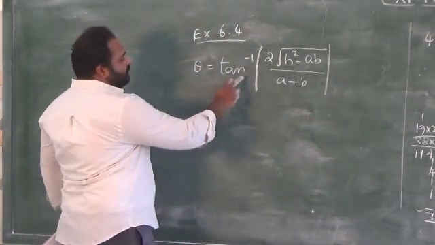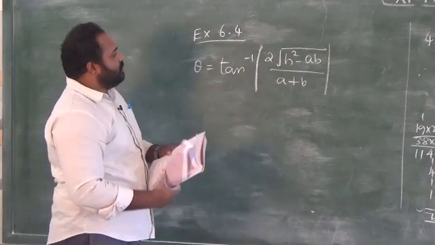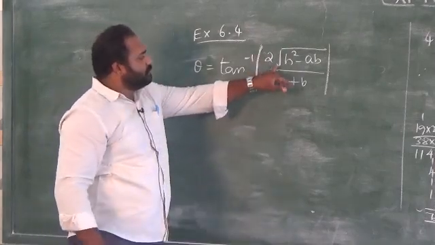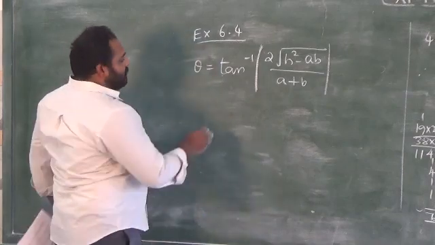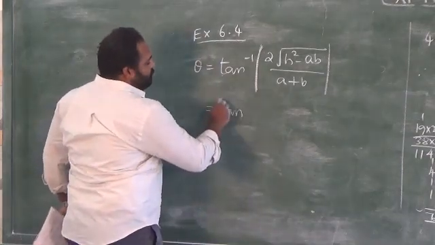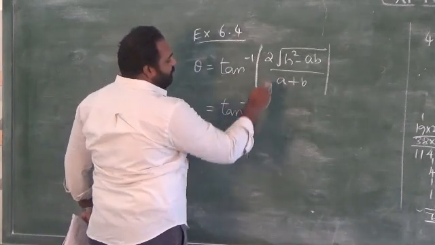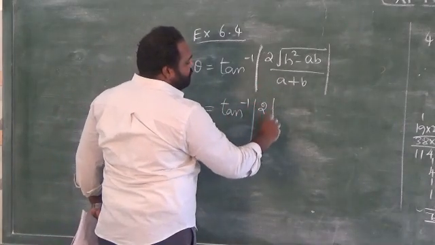So the second proof is tan inverse modulus 2 root of h square minus AB by A plus B. So here I am going to substitute the values.